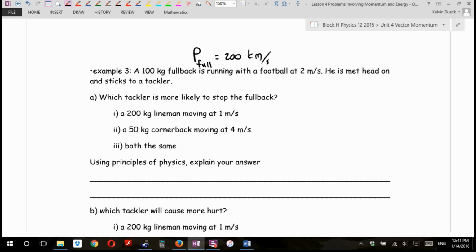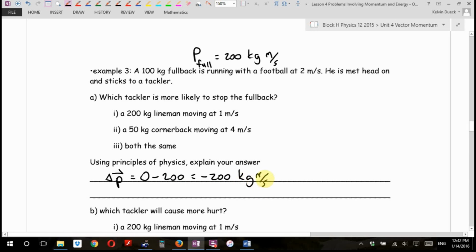Okay, so we want the change in momentum to be, what's change in anything? 0. Question? Yeah. Oh, kilometers per second? Kilogram. You know what? I forgot the G is what? Kilogram meters per second. Thank you. That's what it should be. Yes? I want it to be 0 minus 200. I want the change in momentum to be negative 200 kilogram meters per second. What's the negative saying? That if we hit him, we better be hitting him in exactly the opposite direction that he's traveling. Oh, there's a word for that, head on.